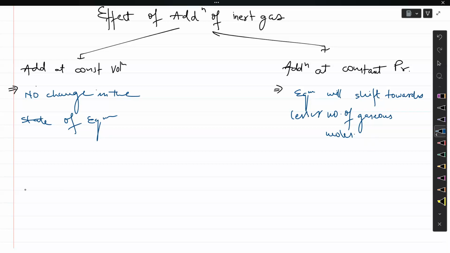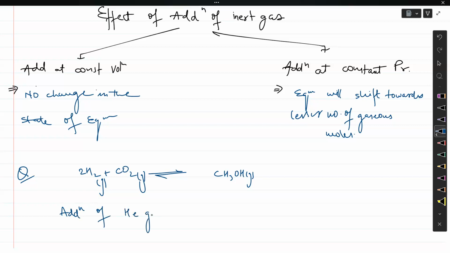Let's see an example. We have this example: 2H2 plus CO2, everything is in gaseous form, making CH3OH. This is also gas, this is also gas, this is also gas. What we are doing is addition of helium gas at constant pressure and constant volume.